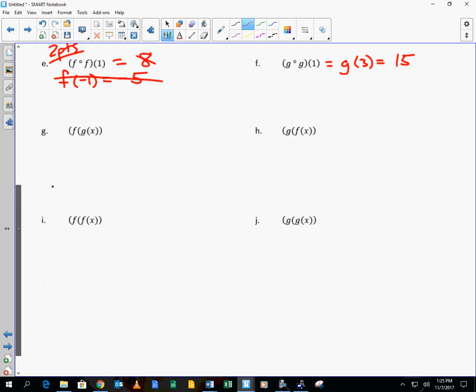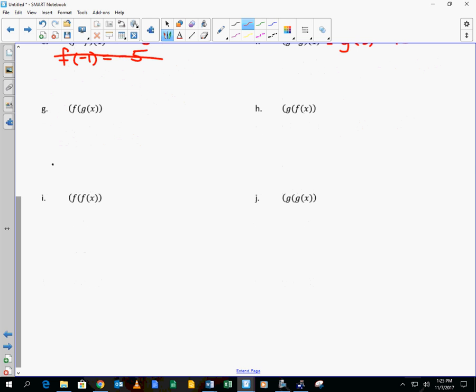All right. What makes g different? Yeah. So what do you think I do? I plug x into the g function for x. And what do I come out with? Yeah. x squared plus 2x, right? So then what do I do with the x squared plus 2x?